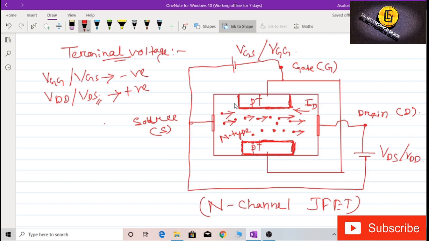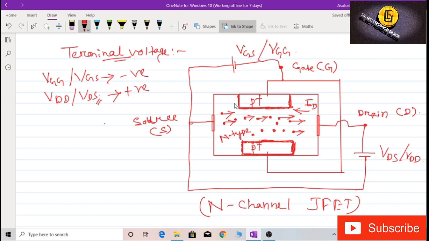As the charge carriers originate from the source end, the name is source. As the majority charge carriers are dumping into the drain end, the name is drain.